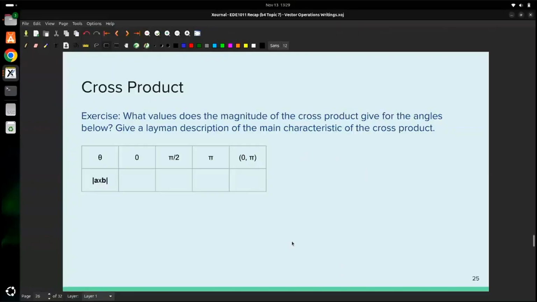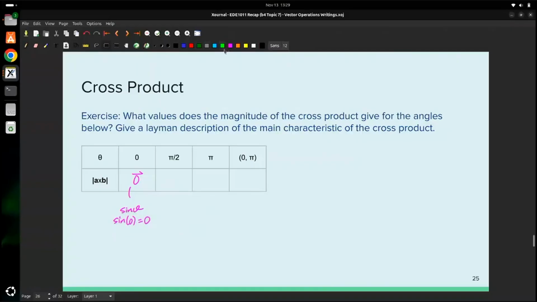So what values does the magnitude of the cross product give for the angles below? If your angle is 0, because sine 0 is 0, this will be giving you the zero vector, since sine 0 equals 0.